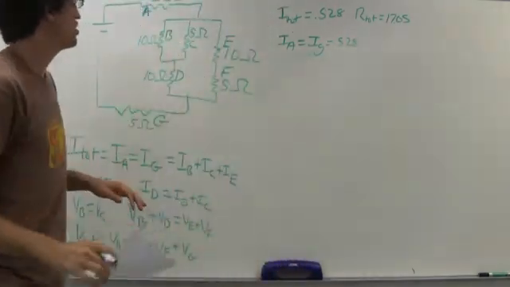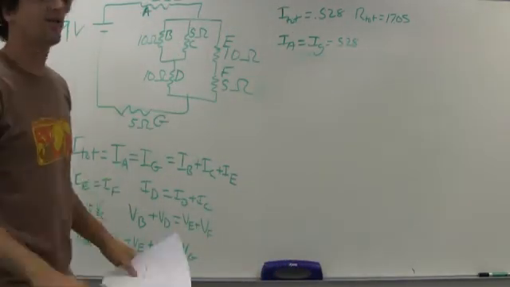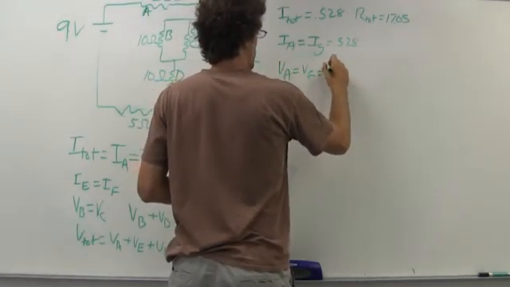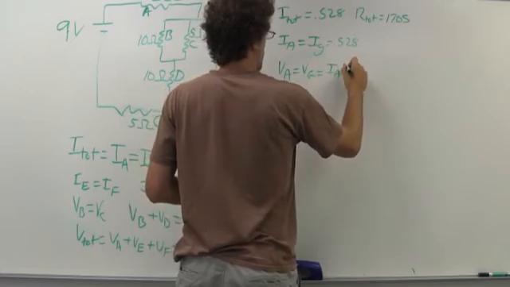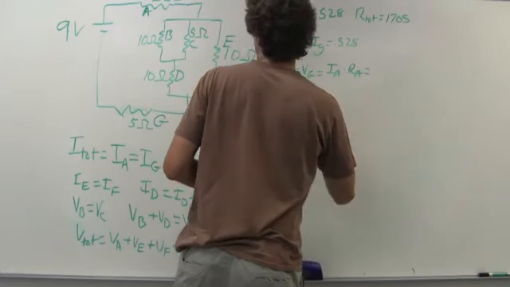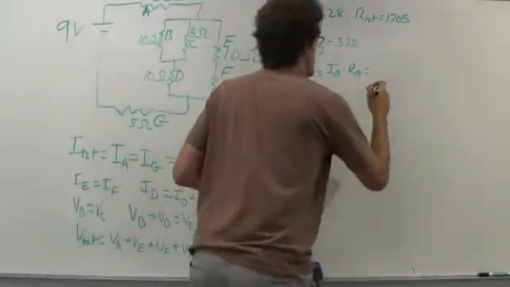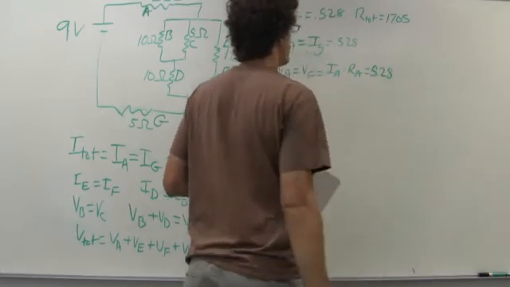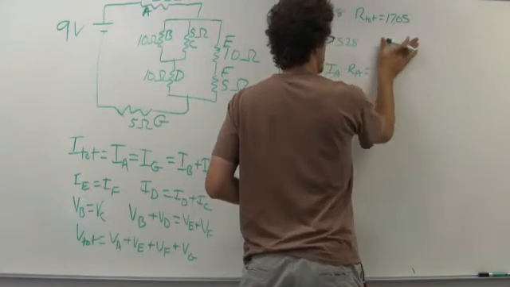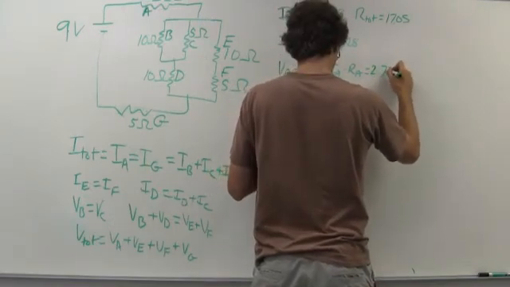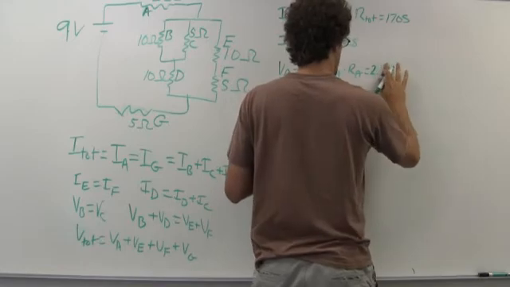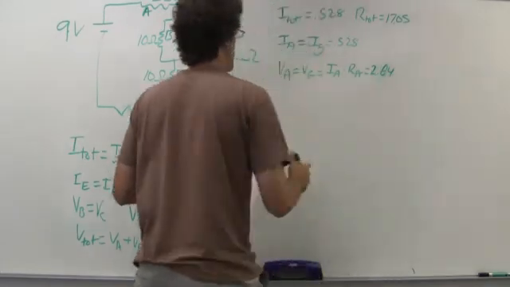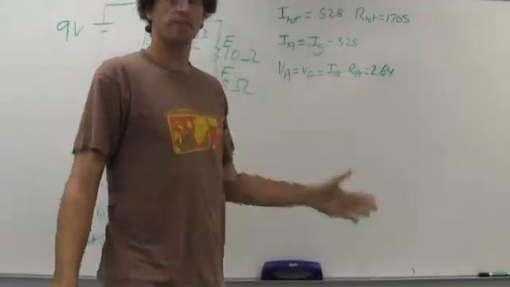Now, because we know IA and IG and we know RA and RG, we can find VA and VG. Again, they're the same because they have the same resistance. That's 2.64 for VA and VG.